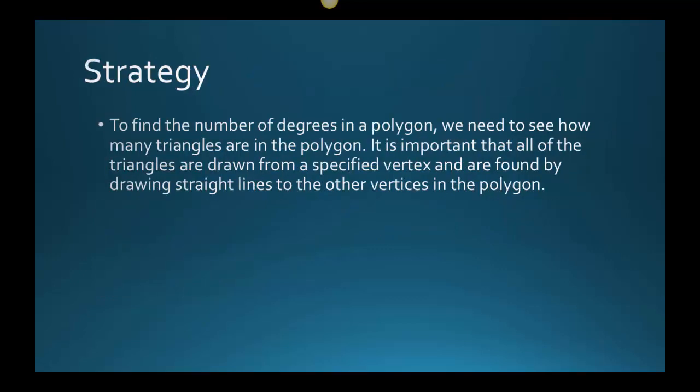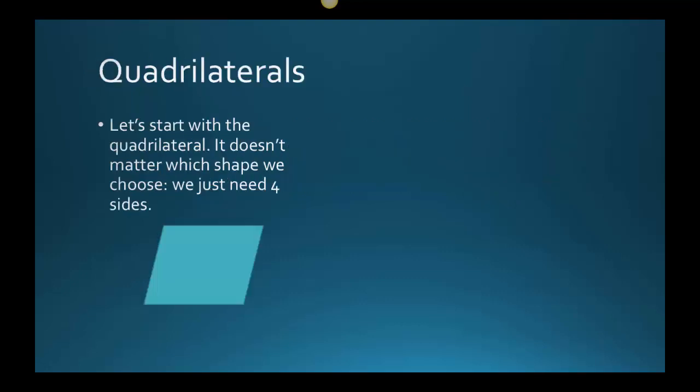So here's our strategy. To find the number of degrees in a polygon, we need to see how many triangles are in the polygon. It's important that all of the triangles are drawn from a specified vertex and are found by drawing straight lines to the other vertices in the polygon. Now that may not make sense, but it's going to, because let's draw a picture. So I just picked a basic quadrilateral, and this one looks like a parallelogram. That's fine.